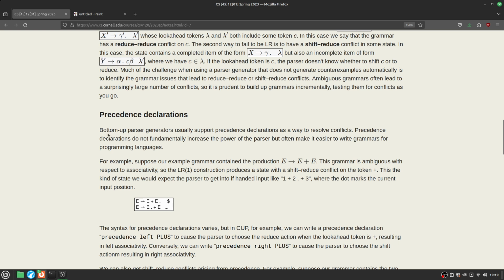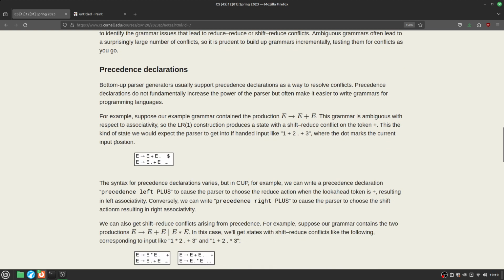Precedence declarations. Bottom-up parser generators usually support precedence declarations as a way to resolve conflicts. Precedence declarations do not fundamentally increase the power of the parser, but often make it easier to write grammars for programming languages. For example, suppose our example grammar contained the production E tends to E plus E. This grammar is ambiguous with respect to associativity.